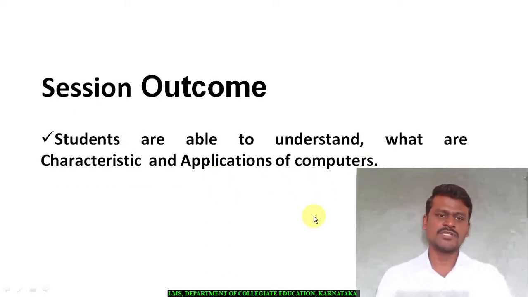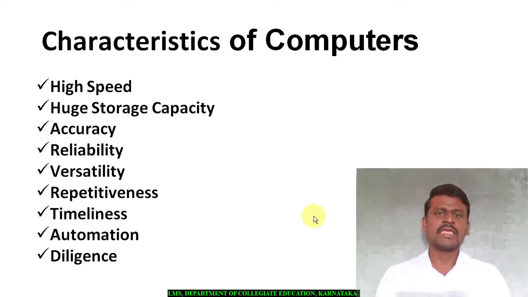At the end of the session you will be able to differentiate between the applications and characteristics, as well as how and where they are used. So we will start with the fourth session, characteristics of computer.